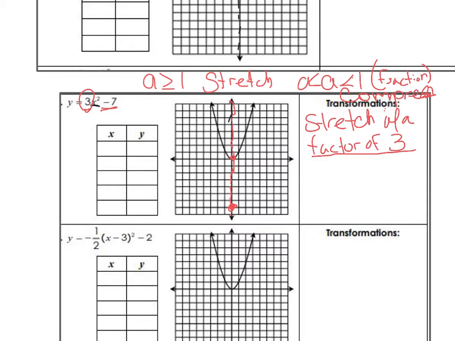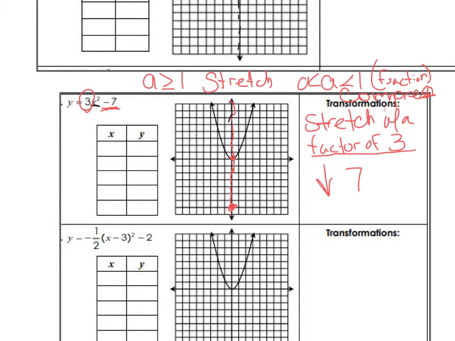So it's kind of like when we were looking at quadratics and we see a quadratic, well, I don't have a table to look at on that one. I'm getting off track. Let's stick with what we're doing here. Stretch of a factor of 3. It also shifted down 7 units.